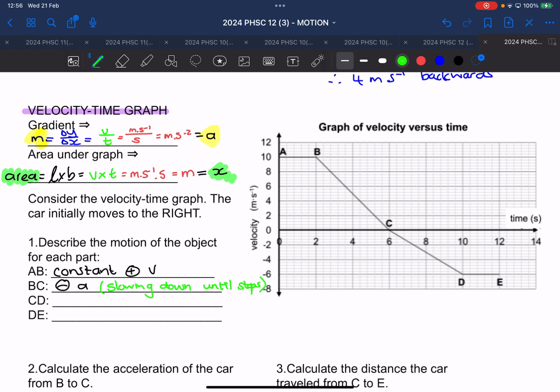Negative acceleration, until rest. Then CD is still negative acceleration, but it's actually speeding up in the negative direction.